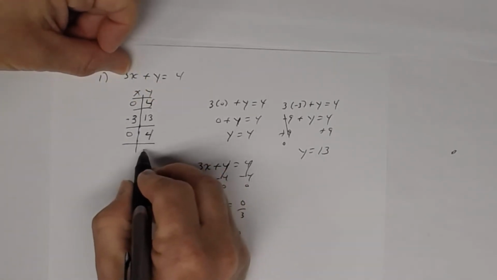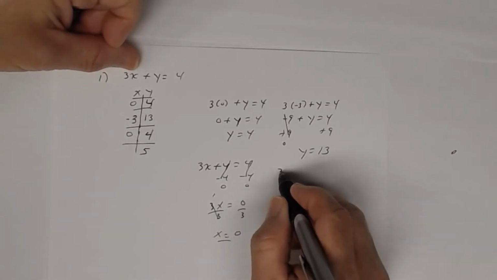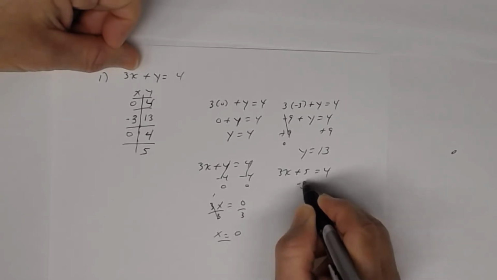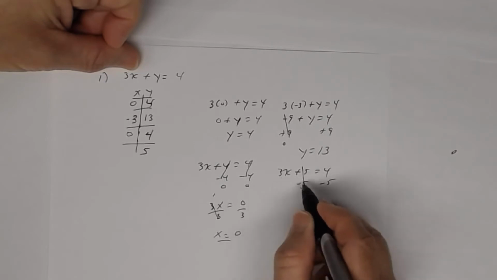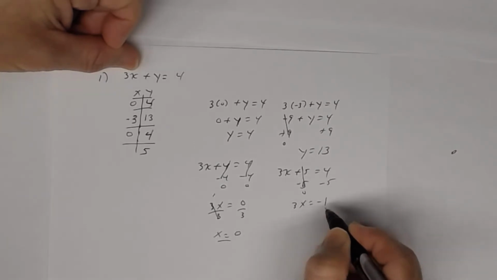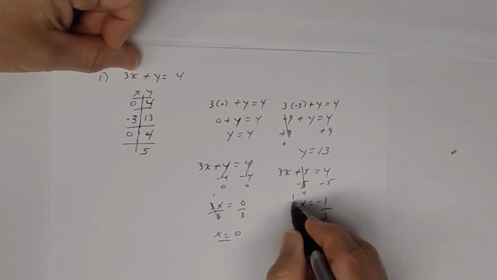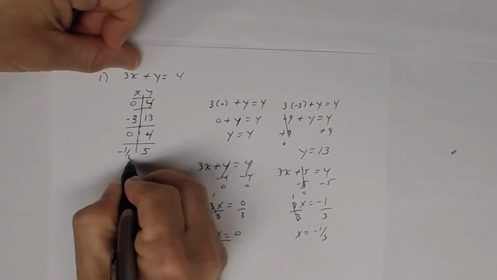Let's say y is 5. If y is 5, I get 3x plus 5 equals 4. Subtract 5 from both sides. Combining like terms, I get 3x plus 0 is 3x equals negative 1. Divide both sides by 3, and then simplify. 1 times x is x, so I get x to be negative 1/3. So notice this time, I have a fraction.